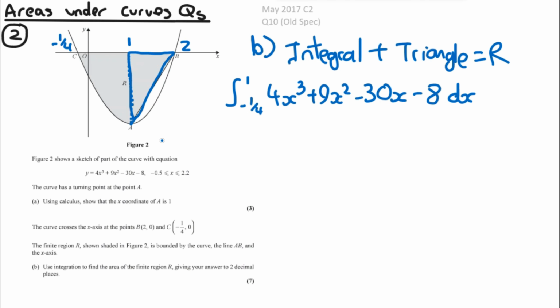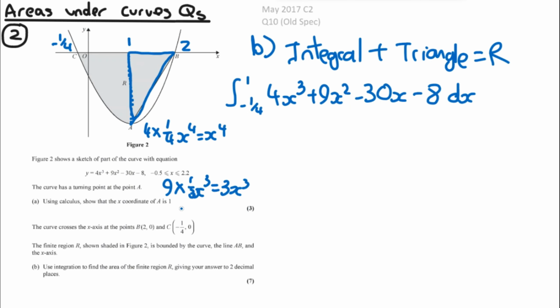So 4x to the power of 3 is going to be 4 times, and then x to the power of 3 integrated is 1 over 4 x to the power of 4, which is equal to x to the power of 4. 9x squared is going to be 9 times, and then x squared integrated is 1 over 3 x to the power of 3, which is equal to 3x to the power of 3.